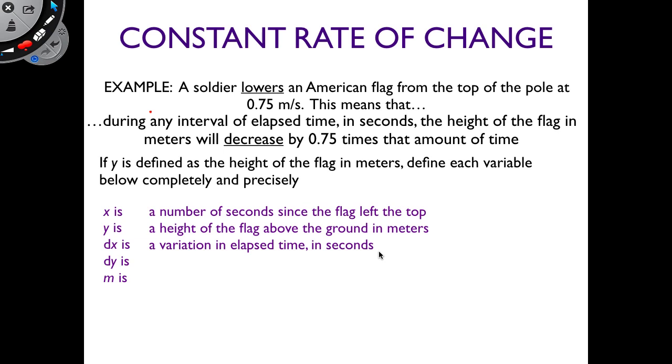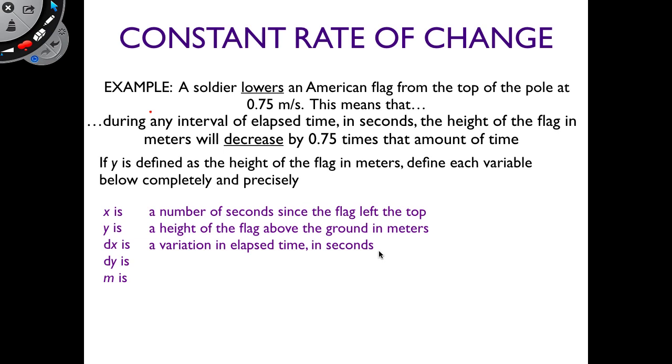We can talk about any little increment of time during the period while the flag is being lowered. So it could be between 4 seconds and 5 seconds after the flag left the top of the flagpole, any sort of increment we want to talk about. So it doesn't have to do with since it left the top. It's just time in seconds went by a little bit during this flag ceremony.